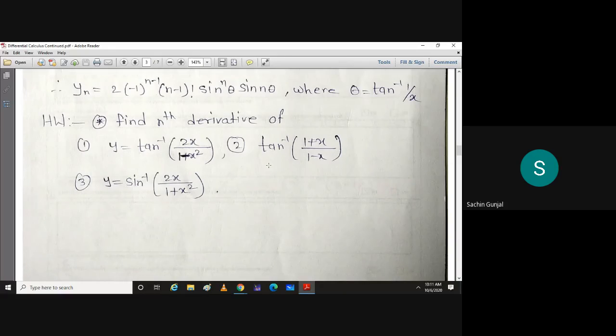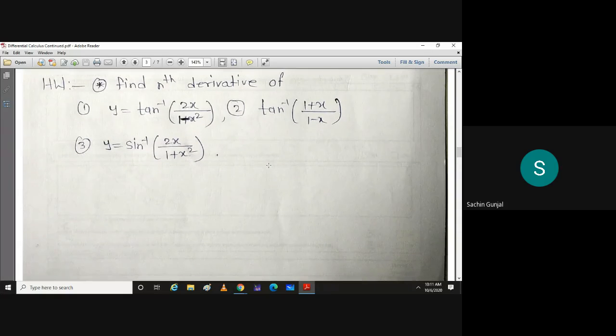Okay, so just note this down, 3 examples. Then we'll go ahead. The first one is tan inverse of 2x divided by 1 minus x square. It is plus or minus? Let me check.